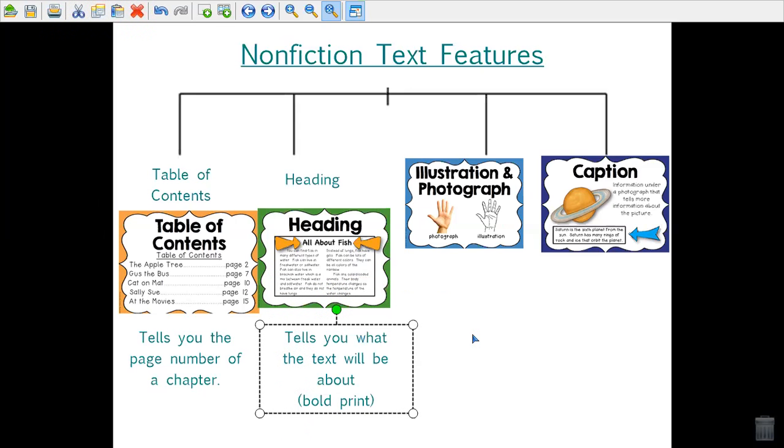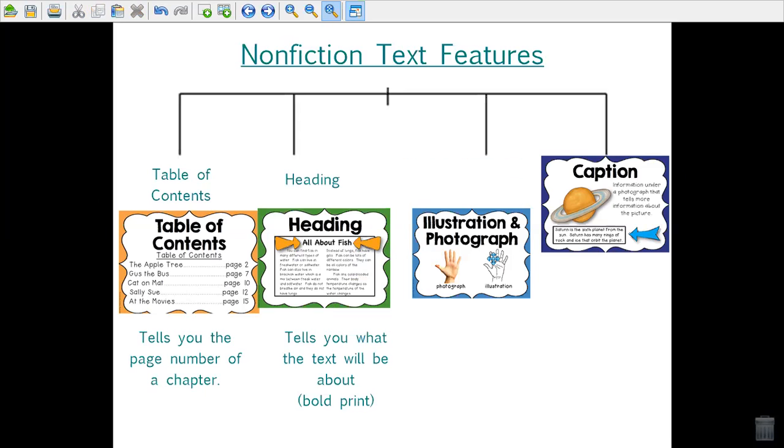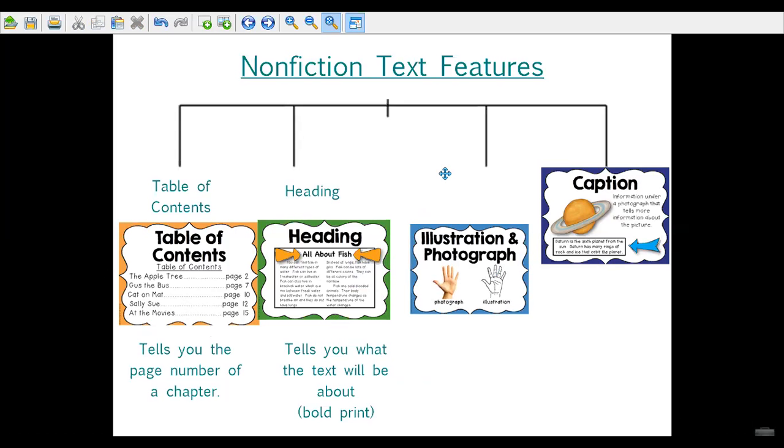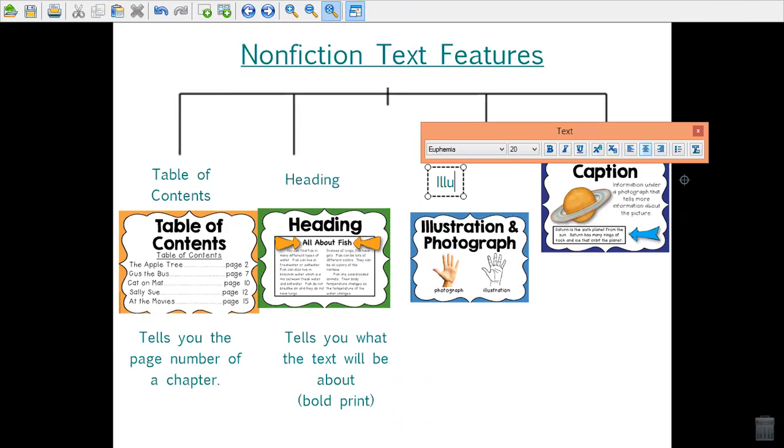Awesome. Our next one is illustration and photograph. And this one's pretty easy because we have been talking and learning about illustrations and photographs our whole life. I know your parents have showed you pictures as a kid or a little baby. You looked at books.